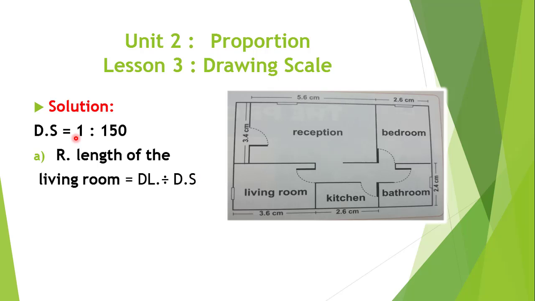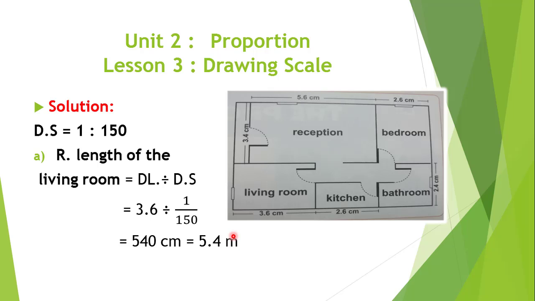The drawing scale here is 1 to 150. Okay, so we have length and width. This is the living room. The length is 3.6. So I'll divide 3.6 divided by 1 over 150 to get the real length of the living room. It will be 5.4 meters.